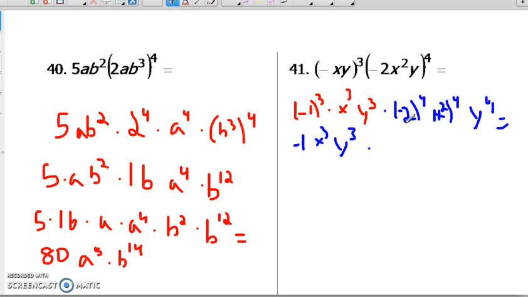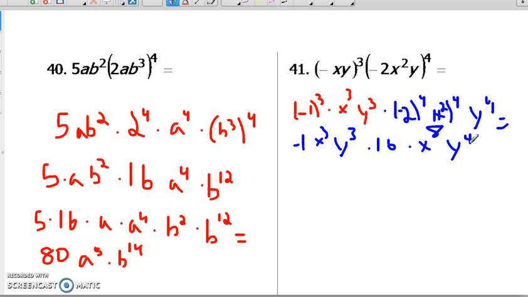That's just saying -2 times -2 times -2 times -2. And anytime you have an even number exponent, the value is always positive. So this is just going to be 16. And then I have x squared raised to the fourth power using my power of a power rule. It's going to be 2 times 4. So that's going to be x to the 8th. And then y to the 4th.